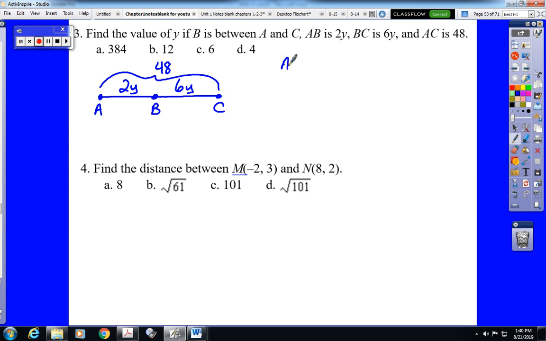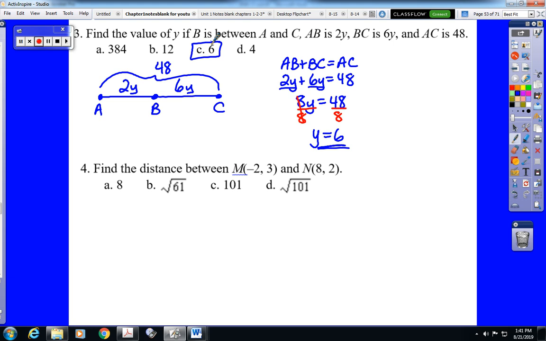So again, we have AB plus BC equals AC. We plug in what we know: 2y plus 6y equals 48. Combine like terms: 8y equals 48. And then divide by 8, which gives us y equals 6. Check to see if that's the answer to the question. It is, because we're asked to find y. So our answer is C, 6.